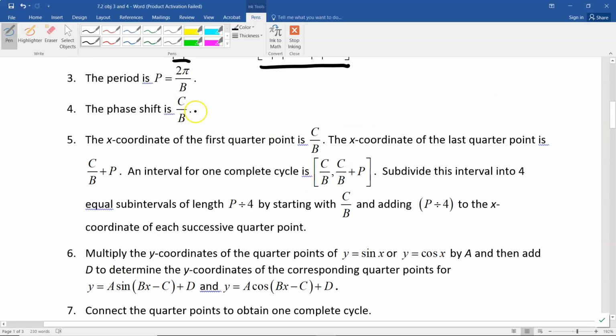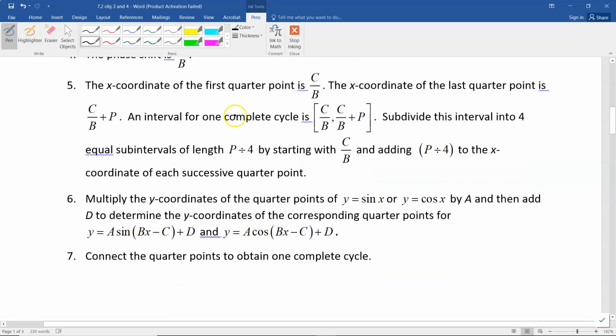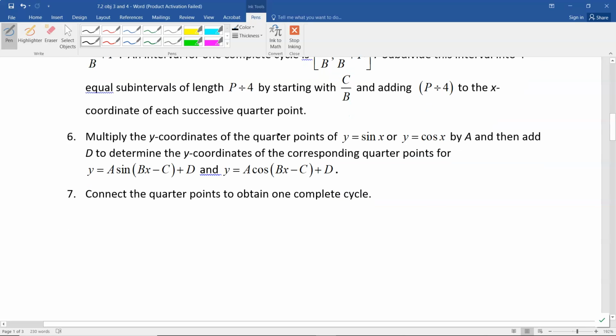So we still have the phase shift being c over b. The period is still 2 pi over b. We still have the same x coordinates. And now, obviously, the y coordinates change because of our change in range. So the way we're going to find our y coordinates is we take our original ones, so for example, cosine was 0, 1.